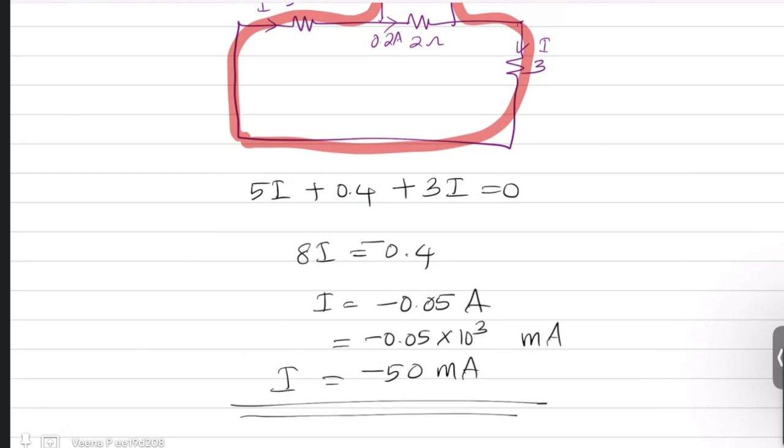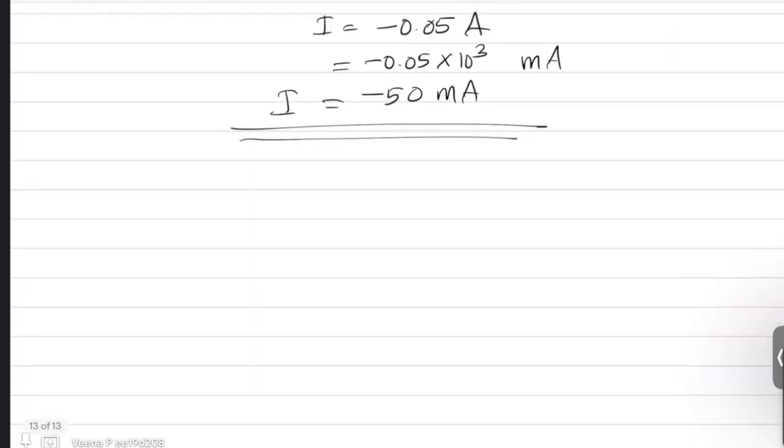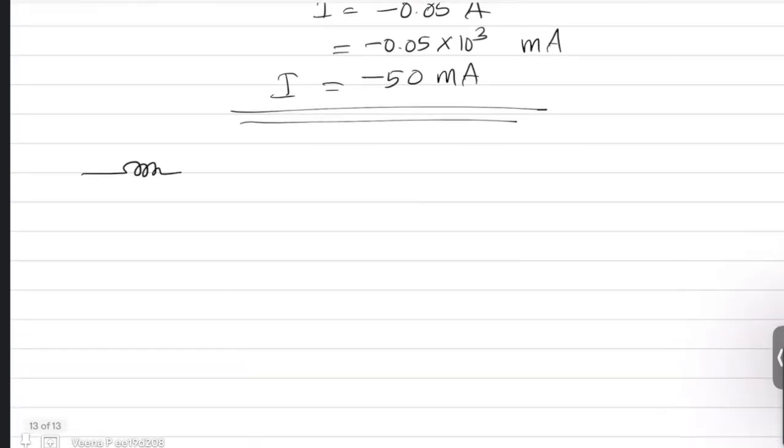So this is how you solve problems at a particular instant just before and after switching. For an inductor, just before switching you just find out what is the inductor current, and just after switching you replace the inductor with a current source having that much current.